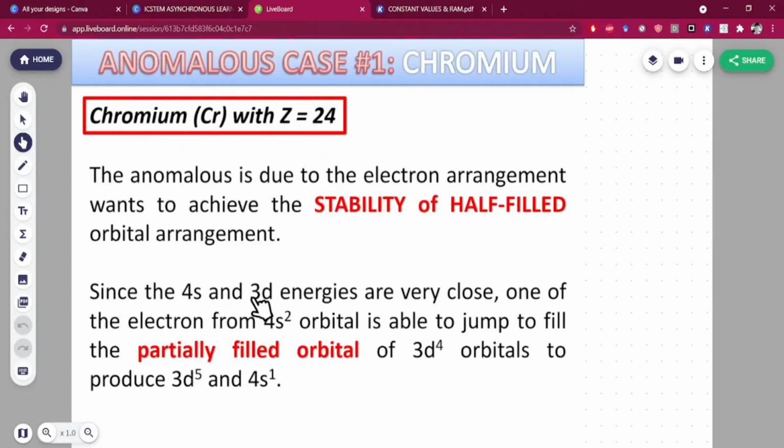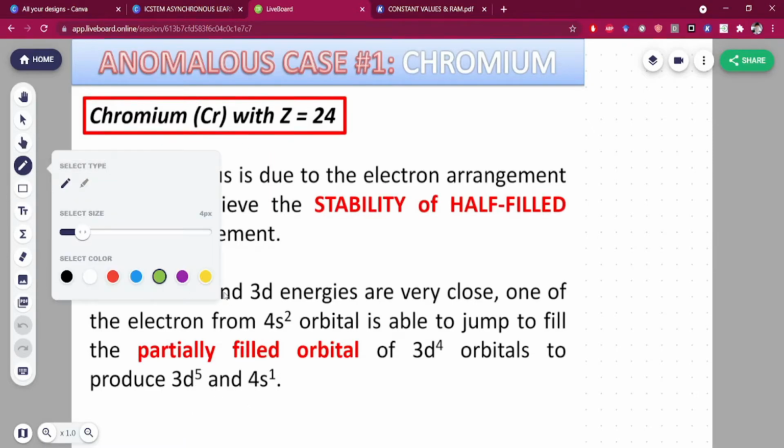Since the 4s and 3d energies are very close, one of the electrons from the 4s2 orbital is able to jump to fill the partially filled orbital of 3d4 to produce 3d5 4s1.